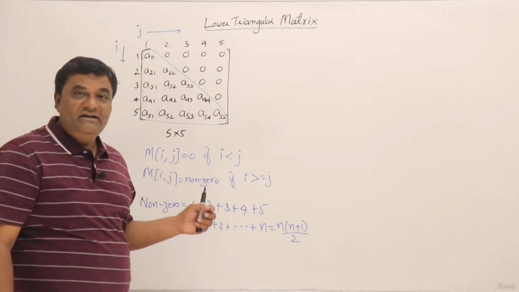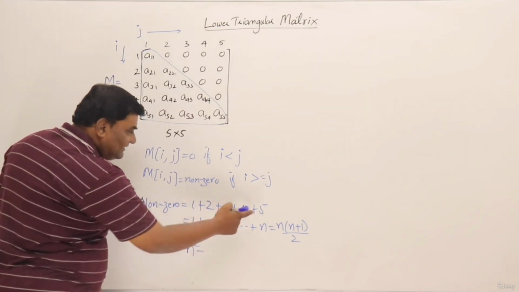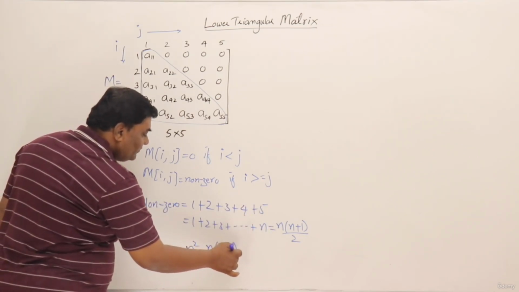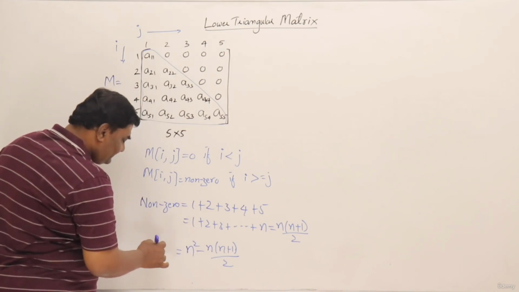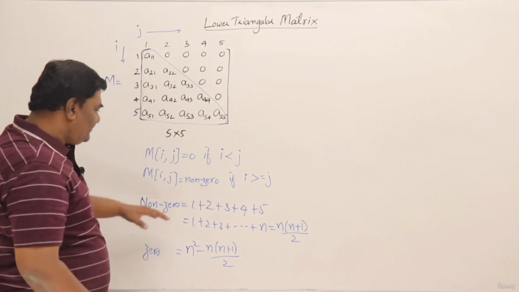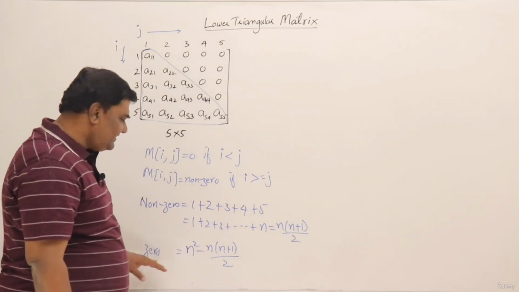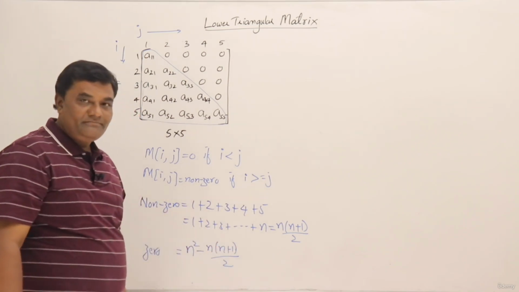In a matrix, total n square elements will be there, and non-zero elements are n into n plus 1 by 2. So if I subtract this, then I get 0 elements. So non-zero elements are n into n plus 1 by 2 and 0 elements are n square minus n into n plus 1 by 2.